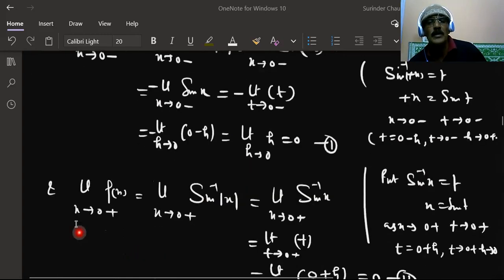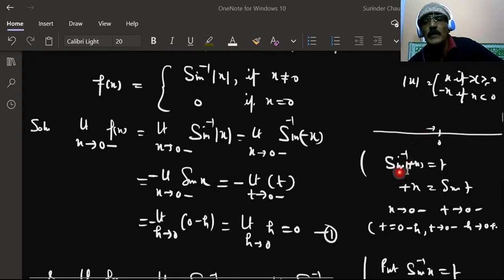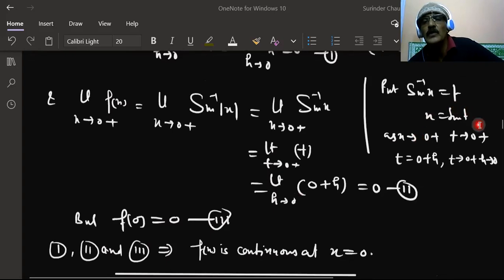Now similarly, the right limit: x tends to 0 from positive of f(x) is equal to limit x tends to 0 from positive of sin inverse of modulus x, which will be sin inverse of x. Again put sin inverse of x equal to t, so x is equal to sin t.